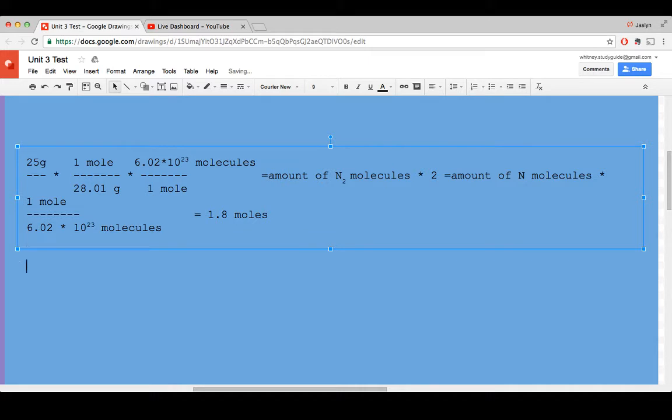Okay, so I'm gonna do the iodine problem. So it's the same concept really. So I just go 25 grams. This is my fraction line. Let's just work with me here.